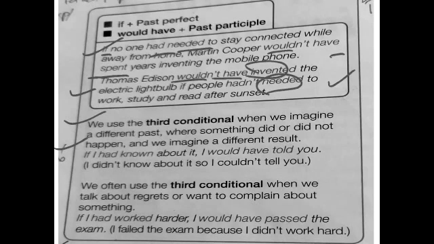If I had known that, I would have told you. So the things have happened, but they didn't happen according to our expectations. So we are visualizing, it is an imaginary situation. We are thinking it should have happened the way we had expected. So it talks about an imaginary condition.